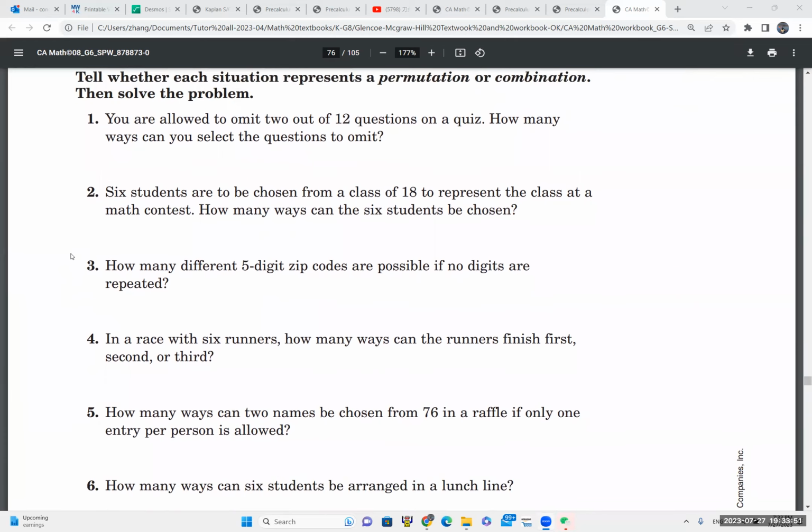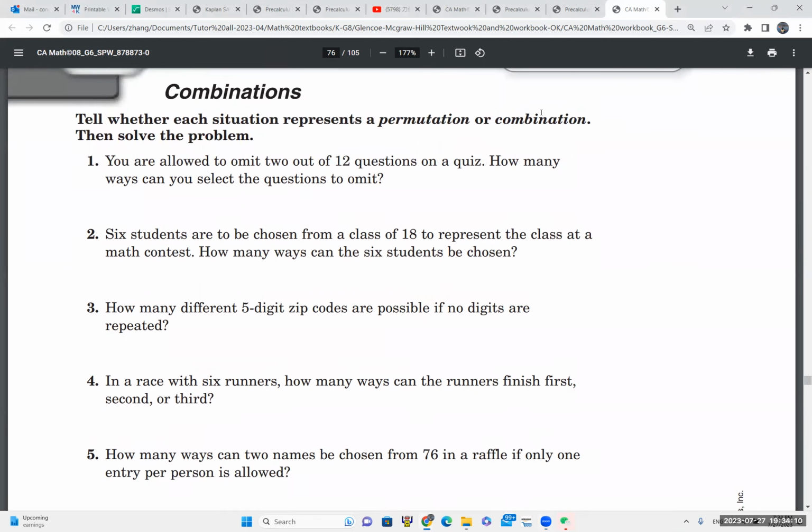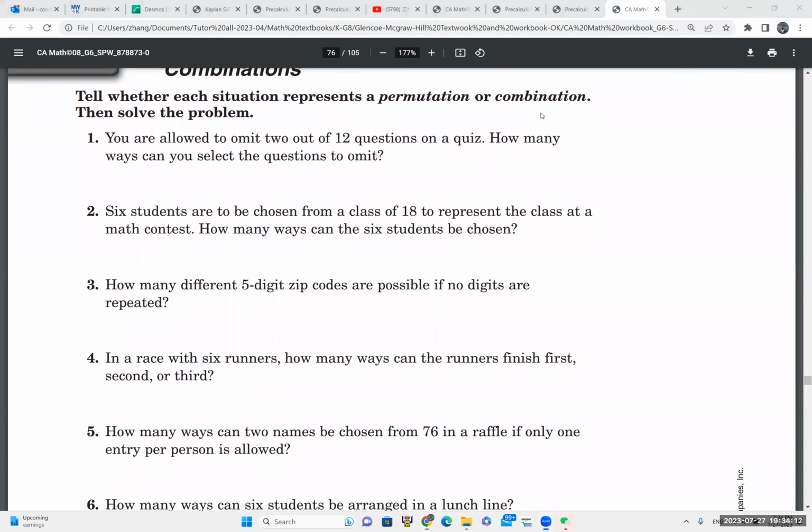For example, let's just have one. How many different 5-digit zip codes are possible if no digits are repeated? Do you think it's a permutation or combination? Permutation. Yeah, because for example, 1, 2, 3, 4, 5, another is 2, 1, 3, 4, 5.